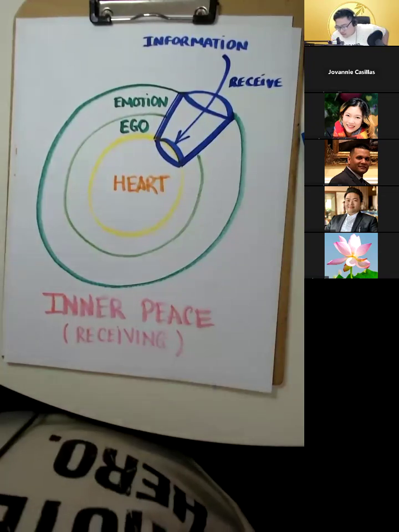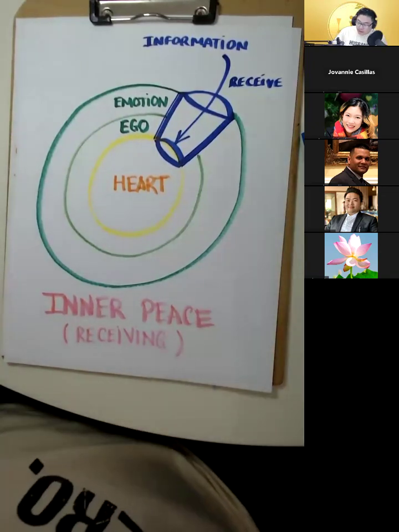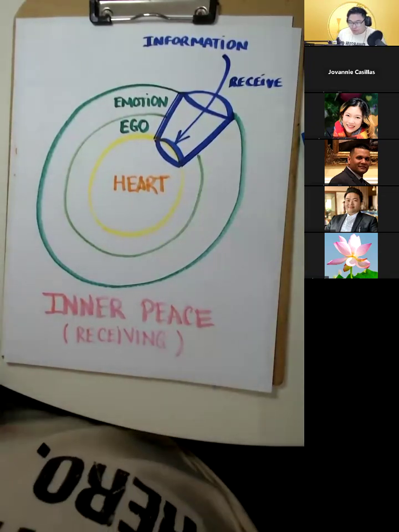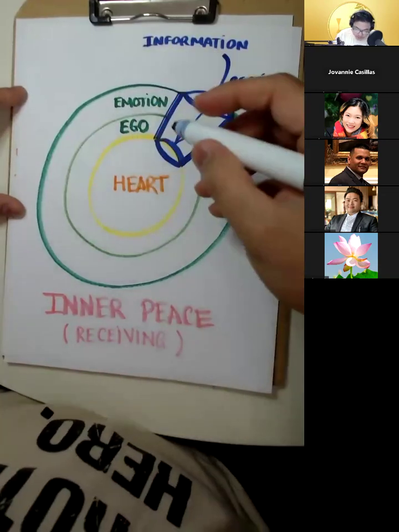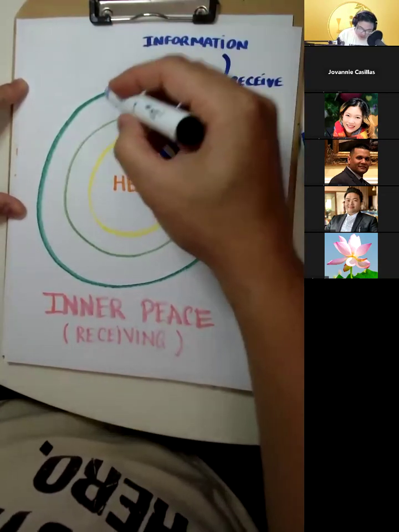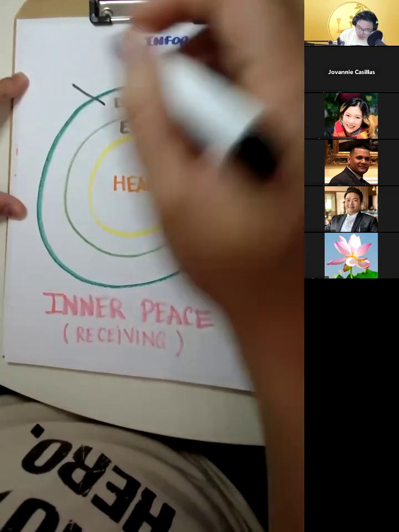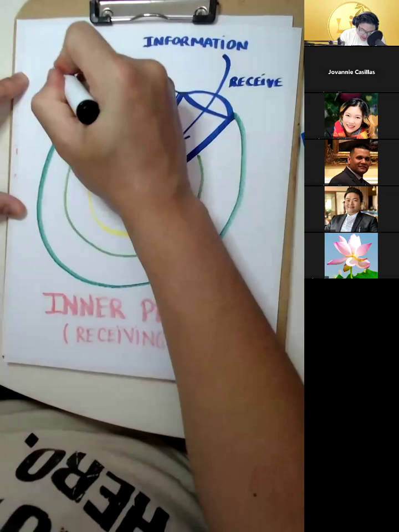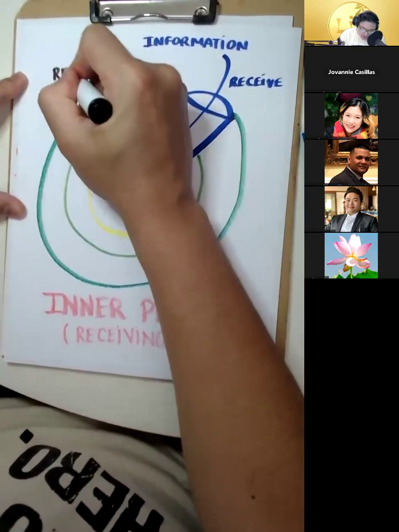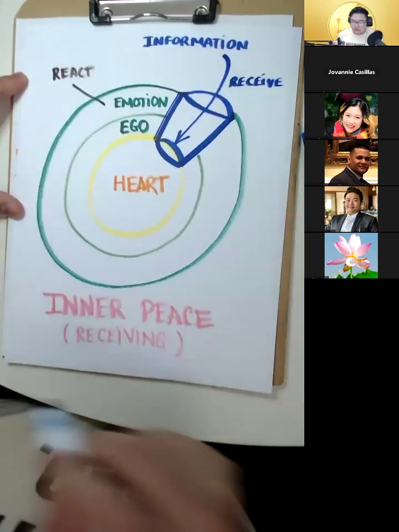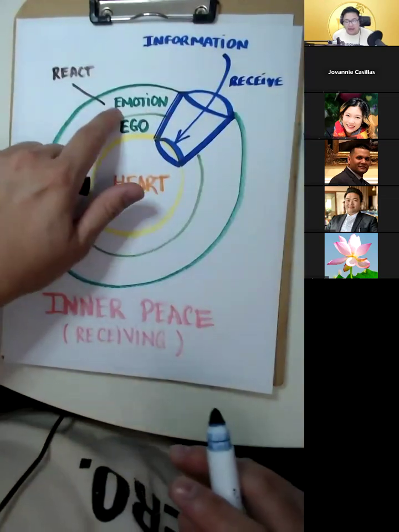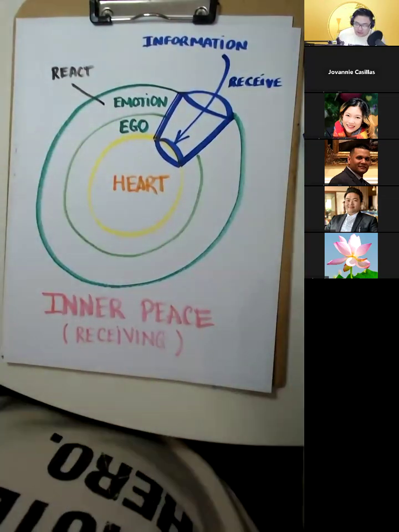And to make it clear, if we react to the information, that means we use the emotion layer. If we react to it, that means the information stops at the emotion layer.